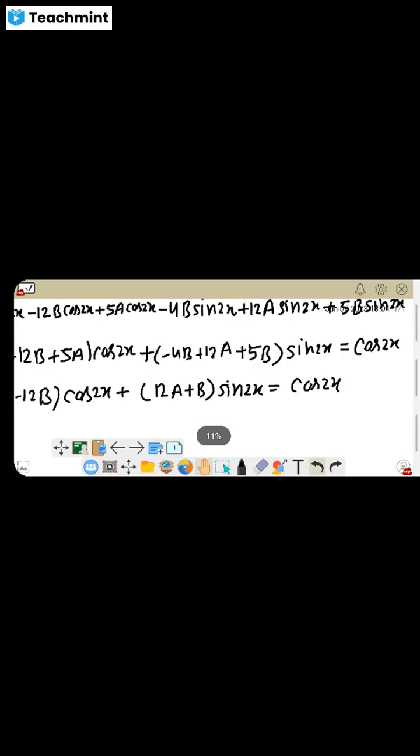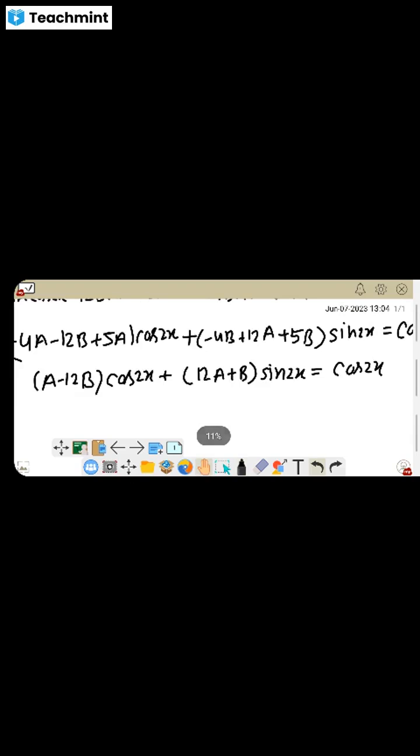Here we have coefficient of cos 2x on the left side, and the coefficient of cos 2x on the right side is 1. So we can write a minus 12b is equal to 1.